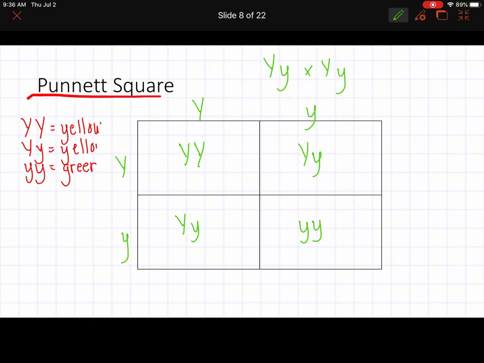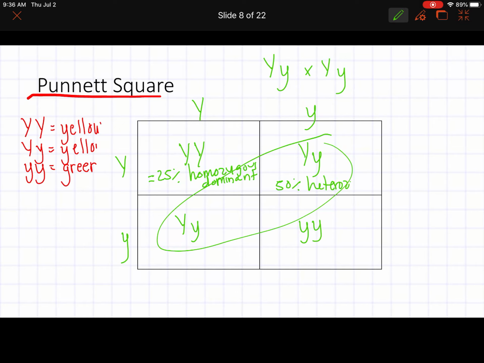So if we track out our genotypes and phenotypes, they had a 25% chance, so 1 in 4, of being homozygous dominant. They had a 50% chance of being heterozygous and a 25% chance of being homozygous recessive.